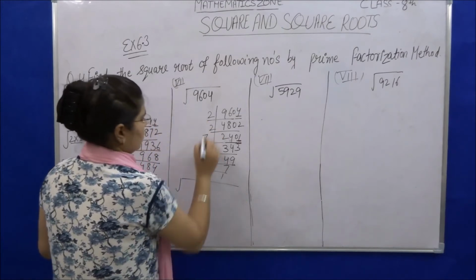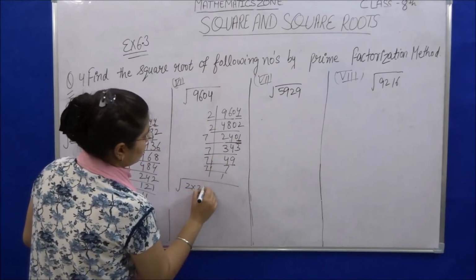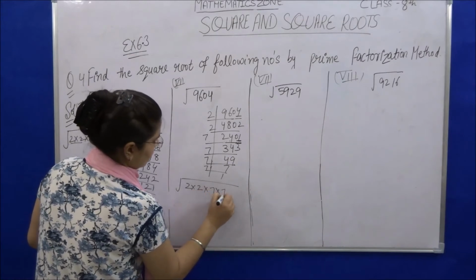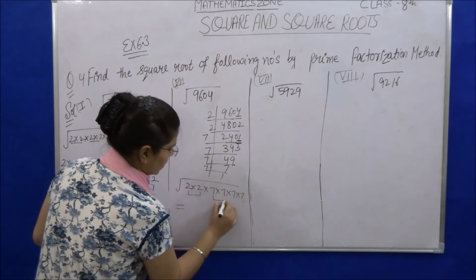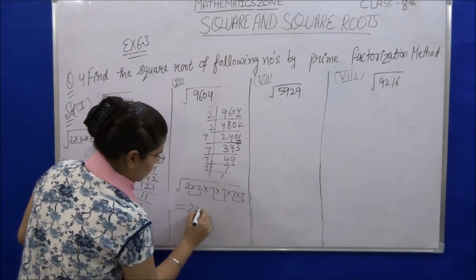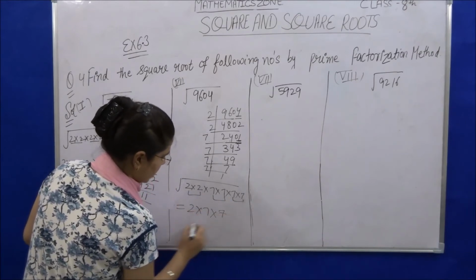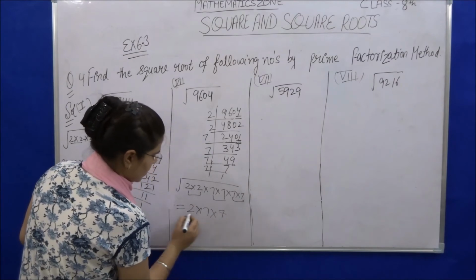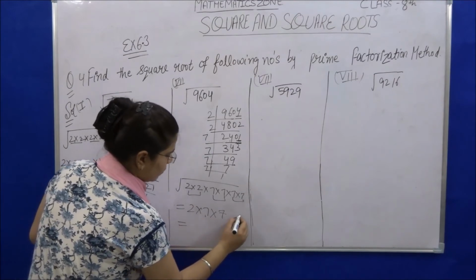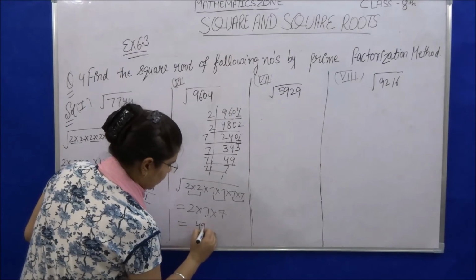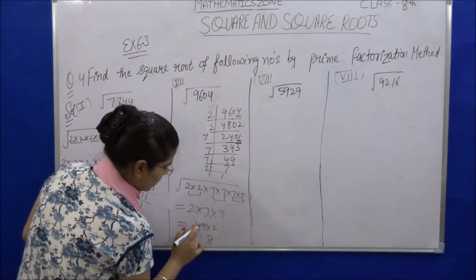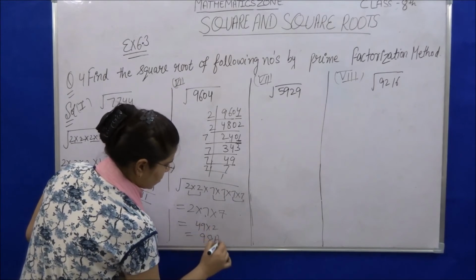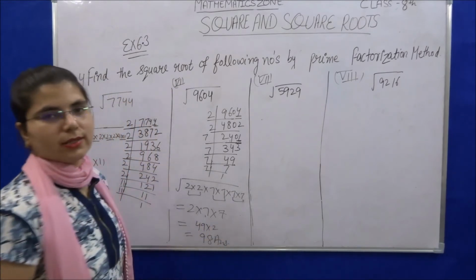So 2 multiplied by 2 multiplied by 7 times 4. Pairing of these numbers will be 2 multiplied by 7 multiplied by 7. That will be 7 7s are 49, 49 multiplied by 2, we get 9 2s are 18, 1 carry, 4 2s are 8, 1, 9. So 98 will be the answer.